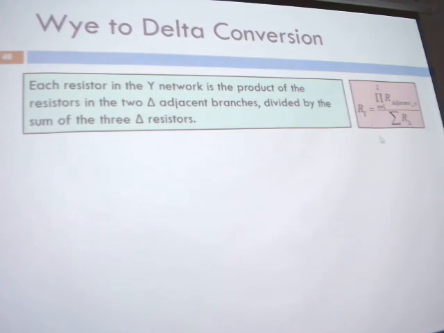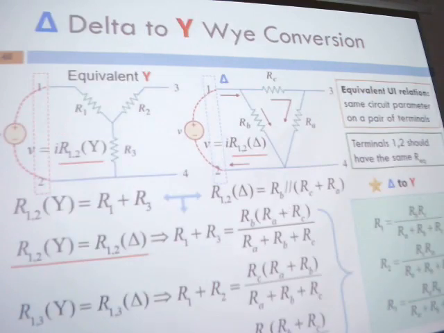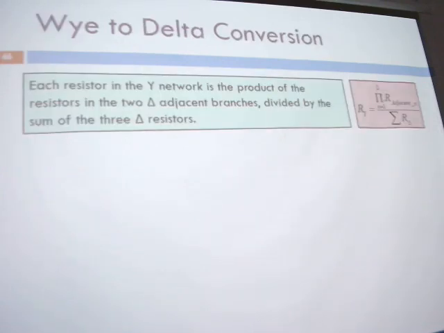Actually, this one is a general form of this conversion. A general form. If you cannot remember it, just remember this one. It's the same: the product of the R adjacent over the sum of R equals Ry.